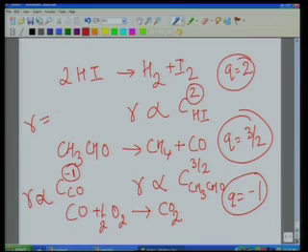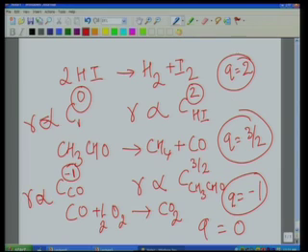That is, the rate is proportional to the concentration of a species raised to power 0. So, q can be 0. What it means is that the rate is actually independent of concentration. There are a few real cases, we will see examples of some of them, where under certain conditions the rate is actually independent of concentration.